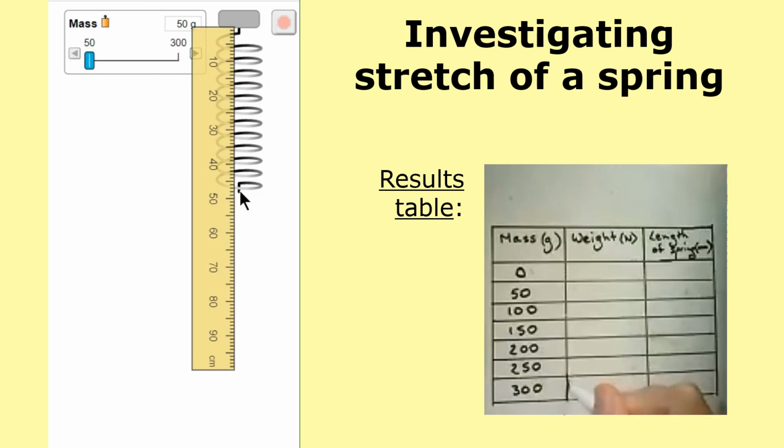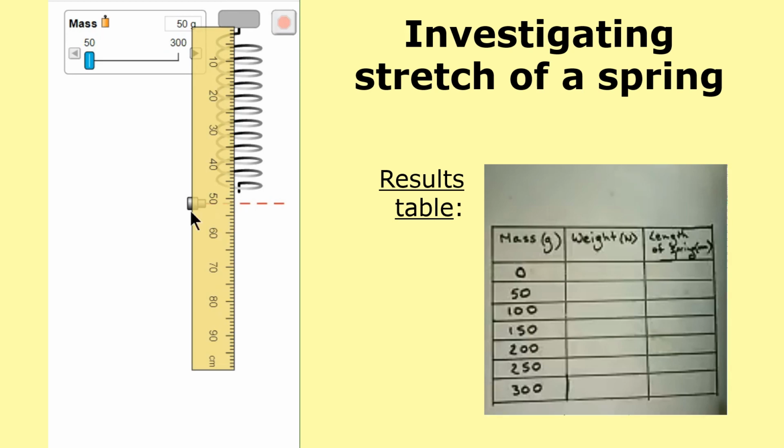All right, if you need a bit more time to do your table, just pause the video. Otherwise, let's have a look at what happens when we add different masses to this spring here. The first result that we need is when we have no mass added at all. So that's what we call the starting length or the initial length of the spring.